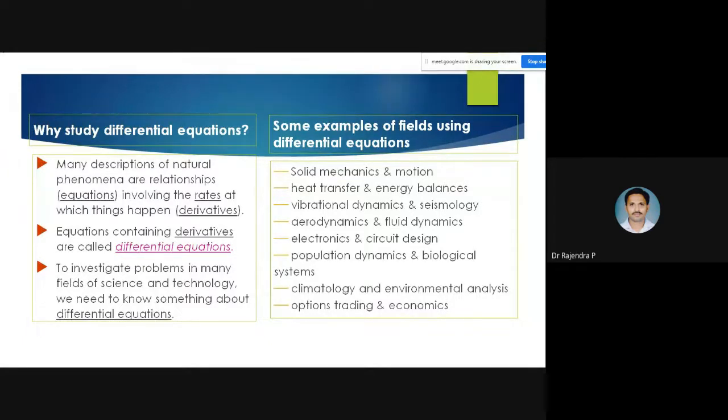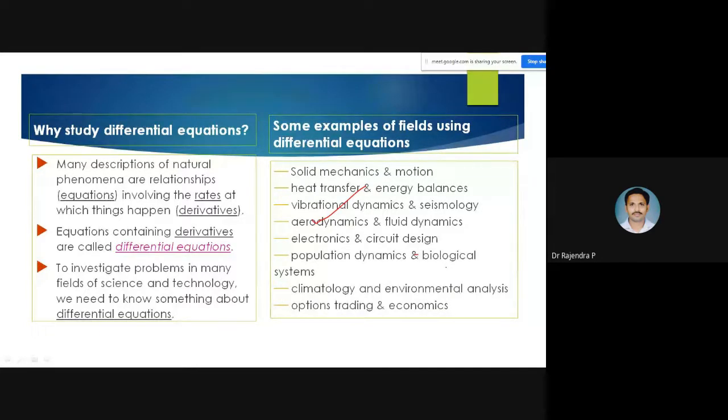For example, in the COVID situation, we see how cases are changing, and we can predict things also. And in population change, heat flow, spring vibration, which of course belongs to mechanical people, radioactive material decay or growth, all these examples. I listed a few examples here, like fluid dynamics, electronics and circuit design.